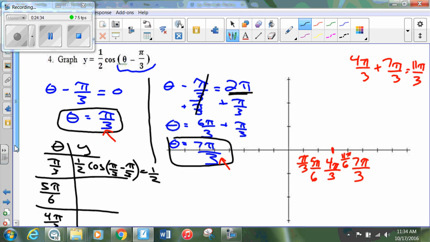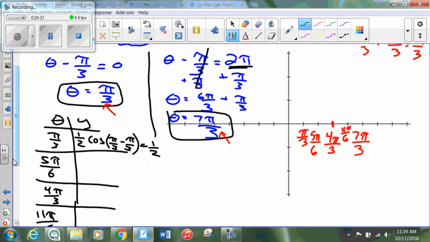And we could do it again. I'm going to just plug in 5 pi over 6 minus 2 pi over 6, which is 3 pi over 6, which is pi over 2. What's cosine of pi over 2? 0, and 1/2 times 0 is 0.